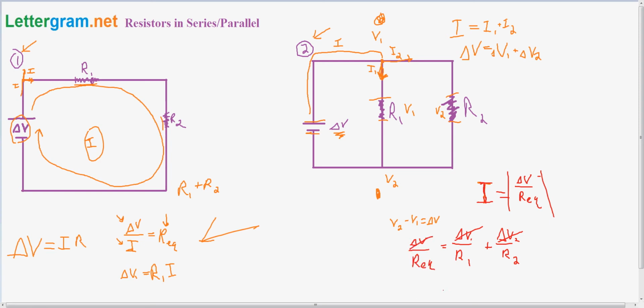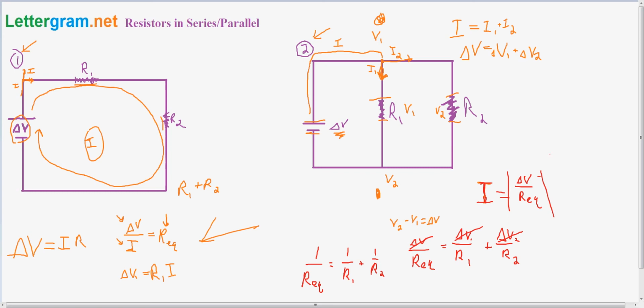If we divide all of this by the change of potential, since all these are the same, they'll all cancel out. So we have then how we calculate resistors in parallel. We have to take the inverse is equal to the inverse of resistance.